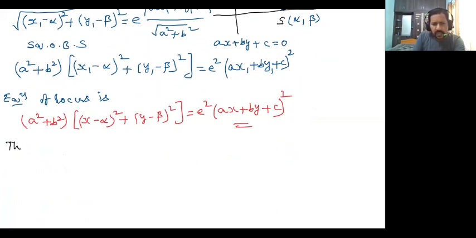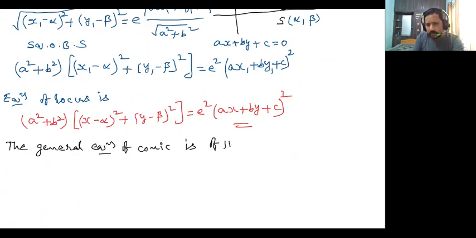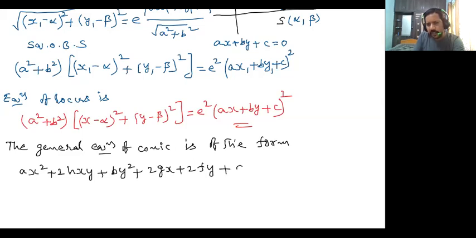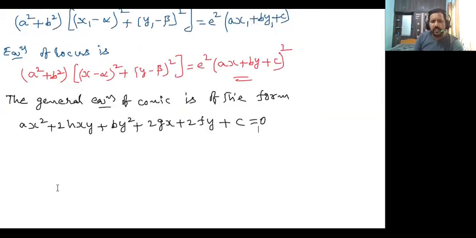The general equation of a conic is of the form ax square plus 2hxy plus by square plus 2gx plus 2fy plus c is equal to 0.